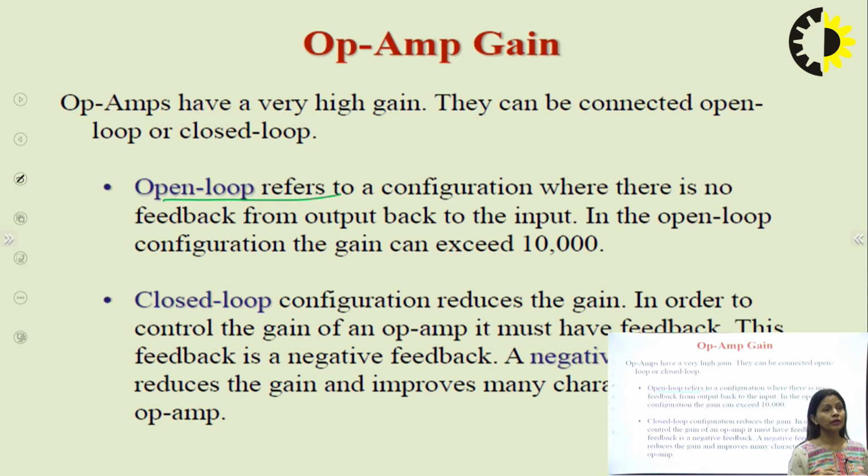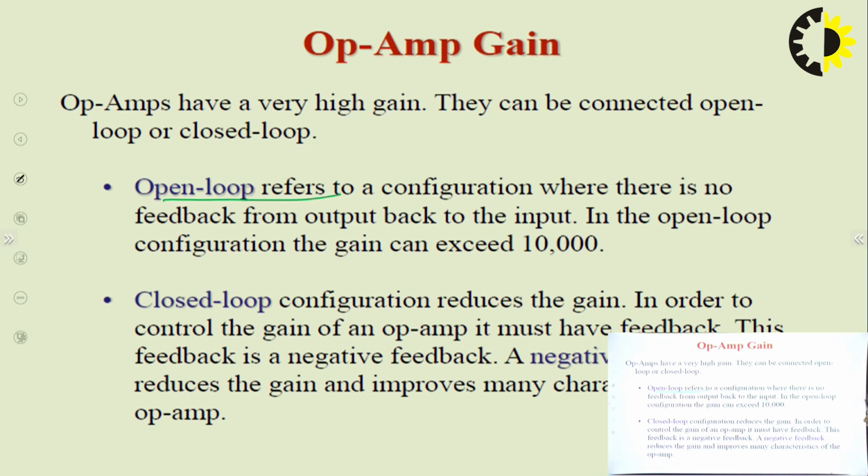In the closed loop configuration, the gain can be reduced, but the feedback is always given at the inverting input. Always remember. You should be very, very careful for closed loop configuration, and you have to check where the feedback resistance has been connected from output number 6 to input number 2, that there should be a connection between point number 2 and point number 6 of the OPAMP IC, right?